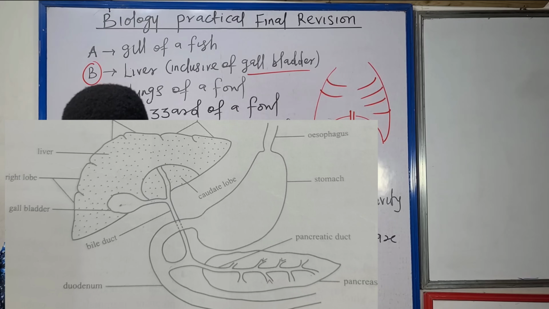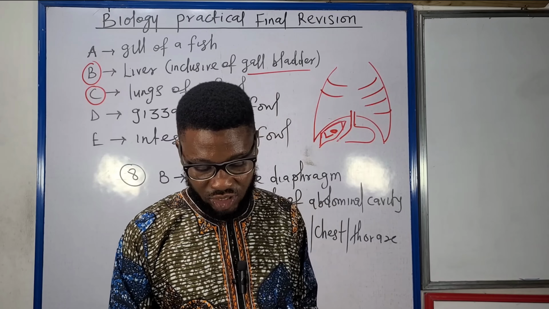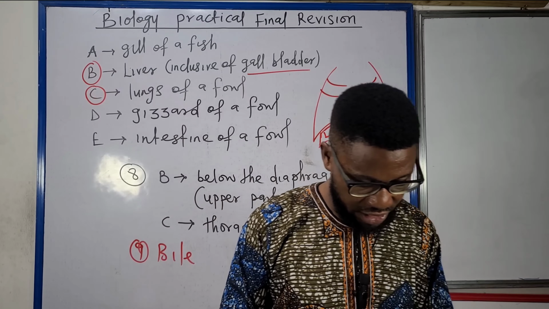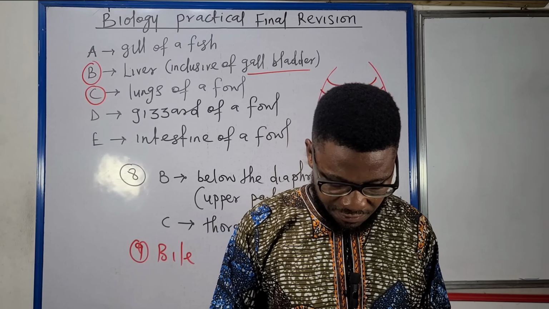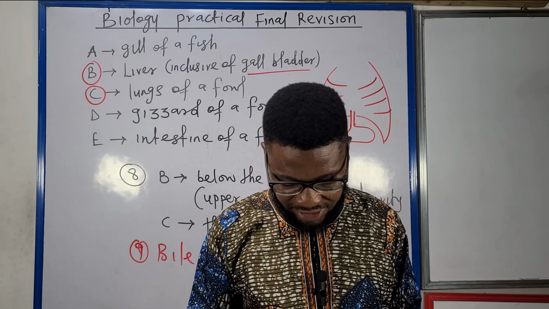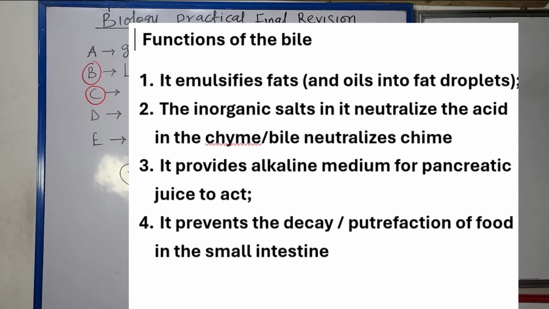So for question 10, we were told to give at least two functions of the bile. As you can see on your screen, what the bile does is that it emulsifies fats and oils, causing them to break into tiny droplets. Emulsification of fats and oils into fat droplets. Number 2, it neutralizes the acid chyme, the acid from the gastric juice that we have in the stomach.